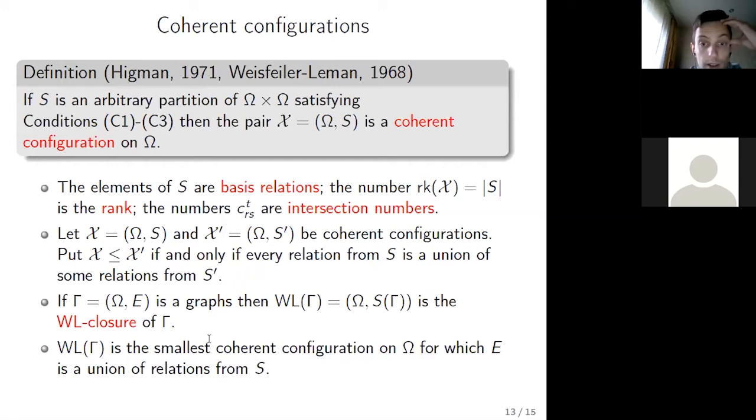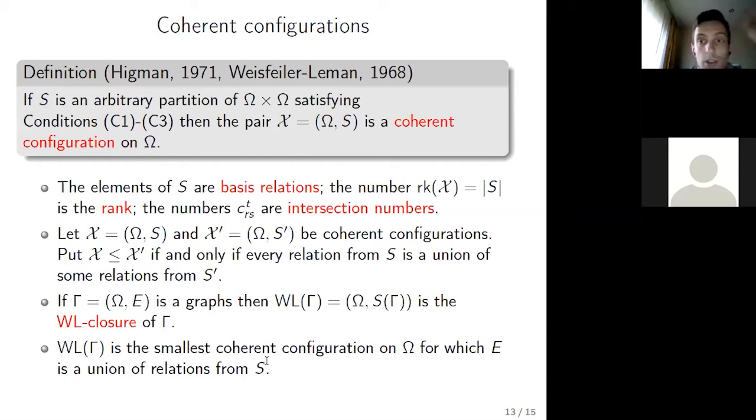By the Weisfeiler-Leman closure of a graph Gamma, we mean the coherent configuration constructed from Gamma by the two-dimensional Weisfeiler-Leman algorithm, and one can check that the Weisfeiler-Leman closure is the smallest coherent configuration on Omega for which the set of edges is a union of some basis relations.